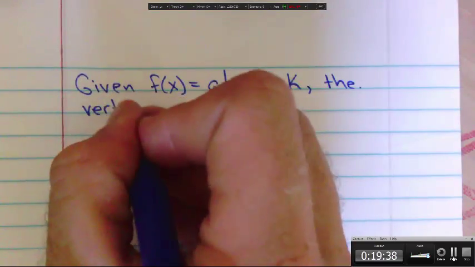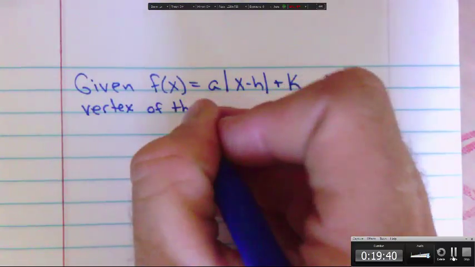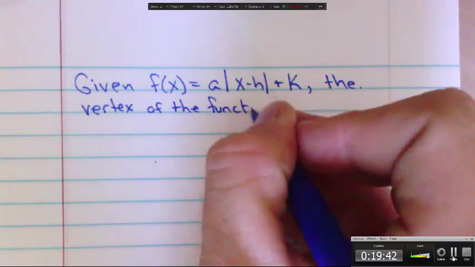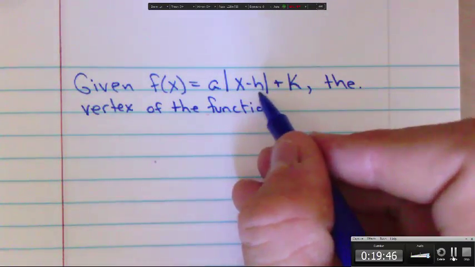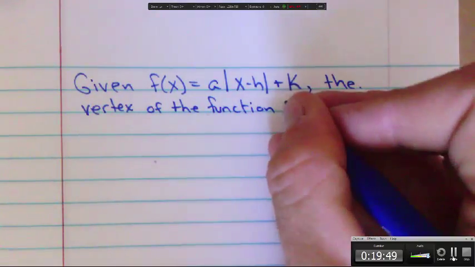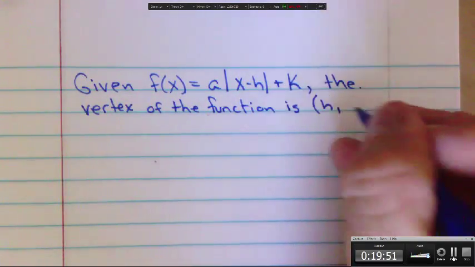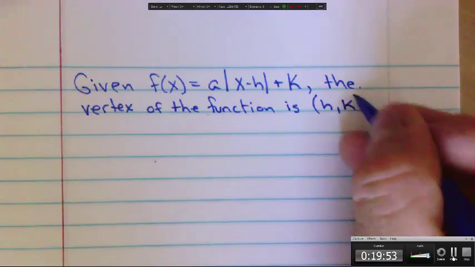the vertex of the function, and if you remember what I just said in the last example, we're going to change this and keep that. So if we change negative h, we get h, and if we keep k, it becomes k.